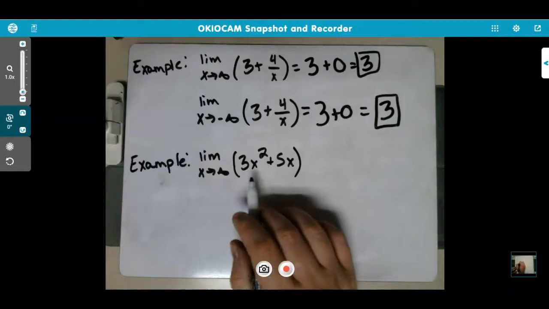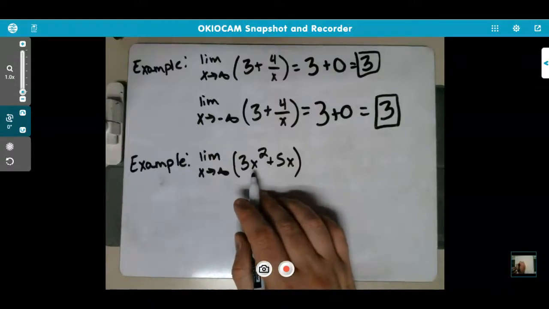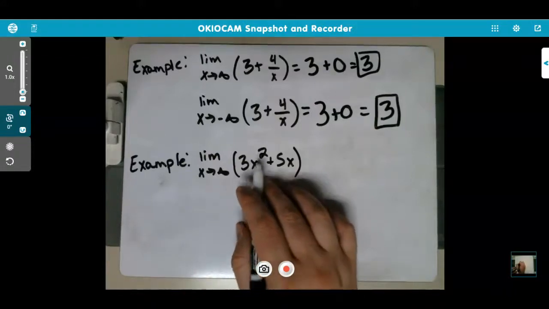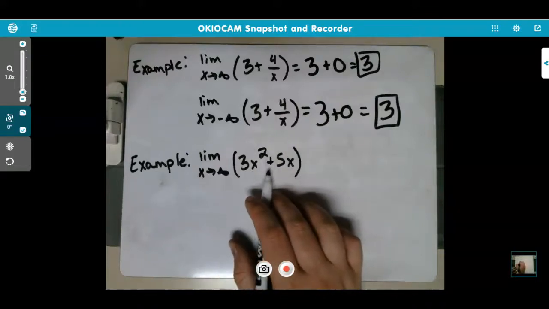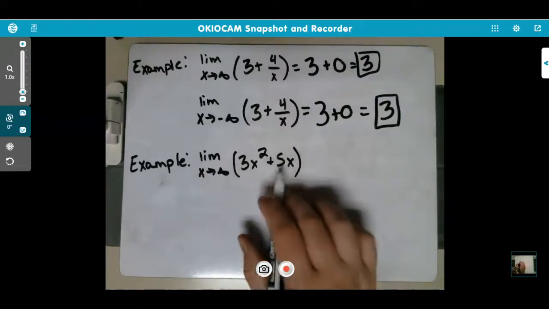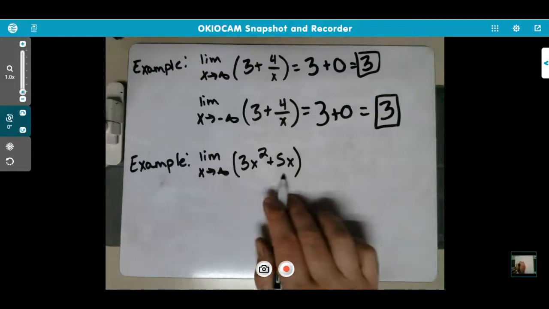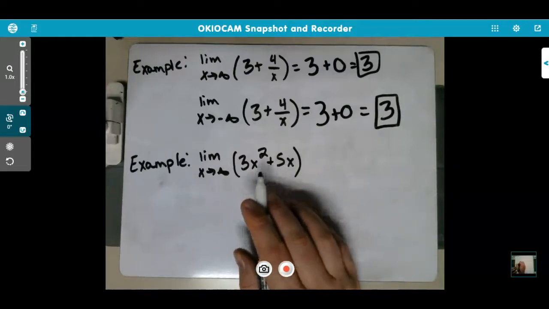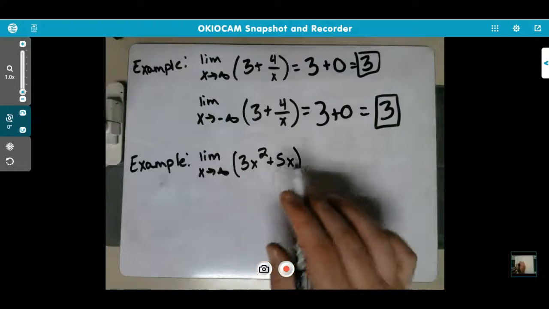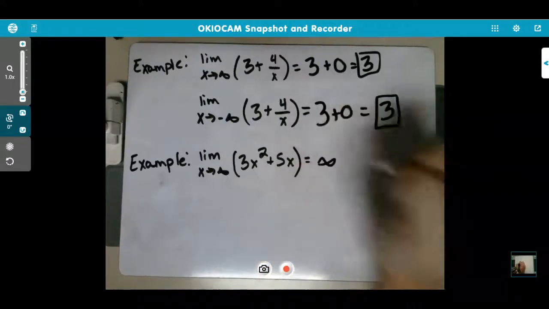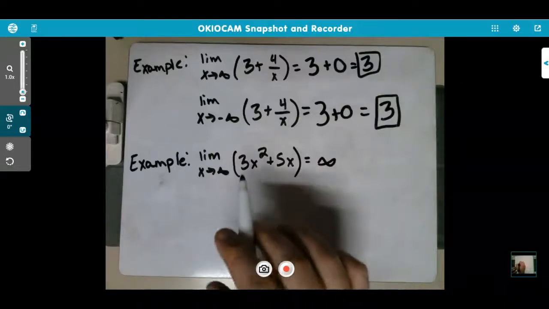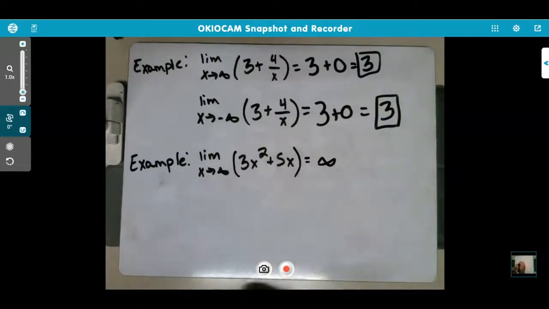As x gets really big in here, a thing that's very big squared is still very big. Plus 5 times the thing that's very big. So what's going to happen here is this will just grow and grow and grow because x is going to get really big. So this is equal to infinity, because x will just grow and grow.